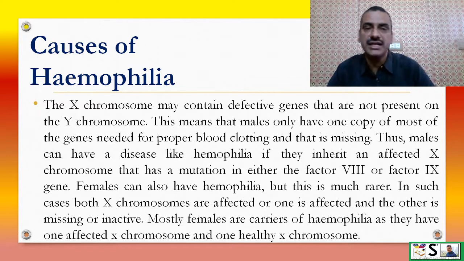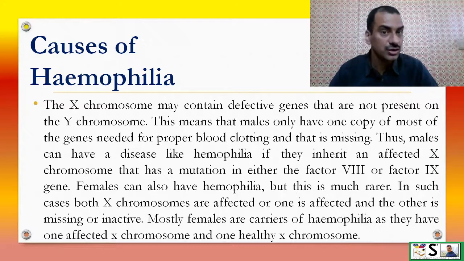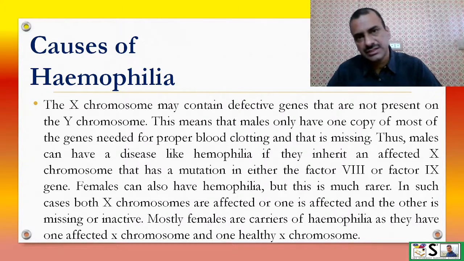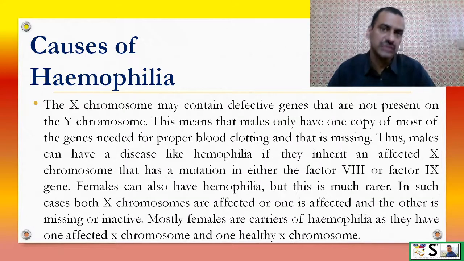They will be only carriers because one chromosome is sufficient for making clotting factors. Females can also have hemophilia when both the X chromosomes are defective, but this condition is very rare.